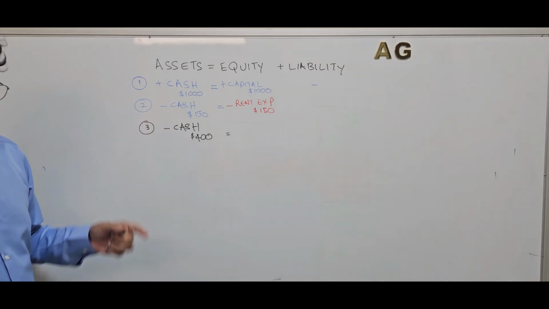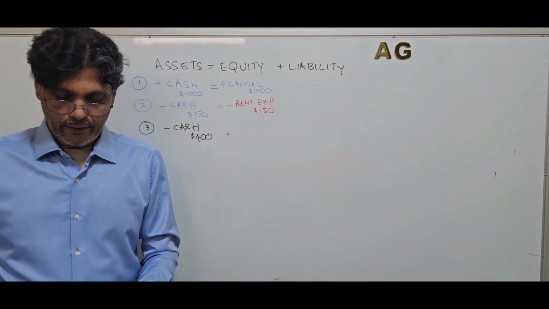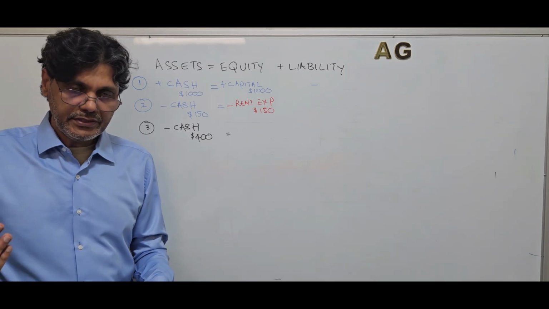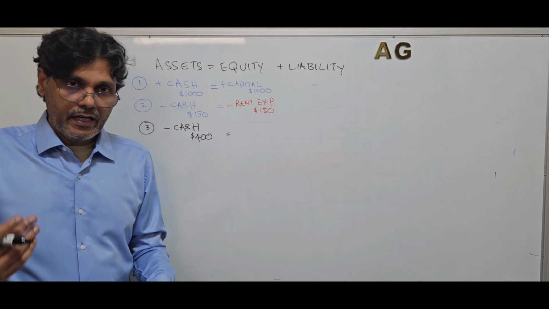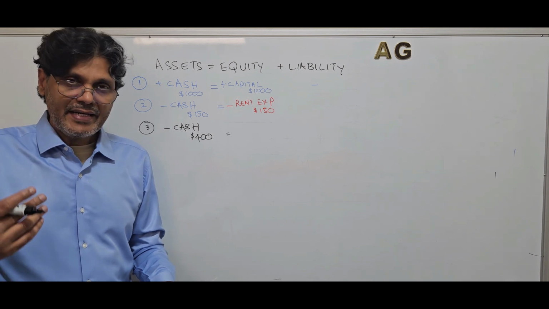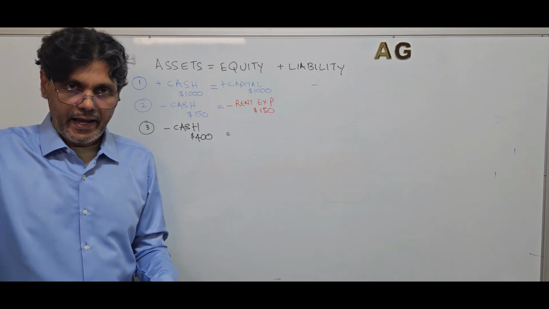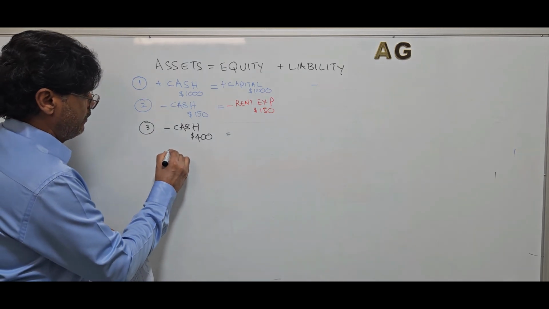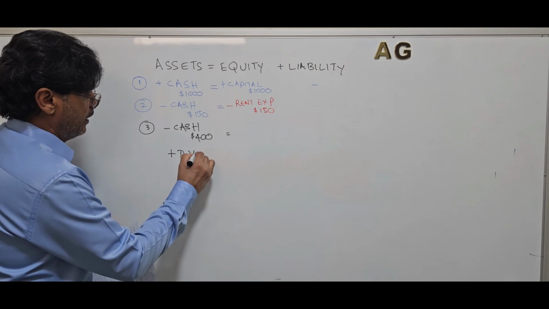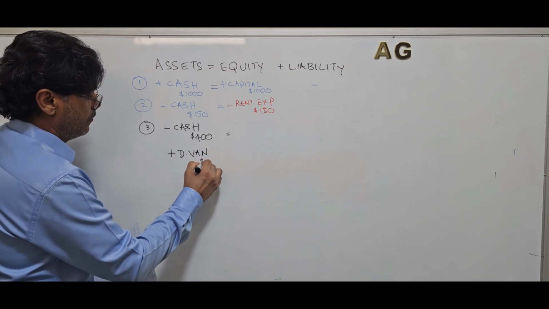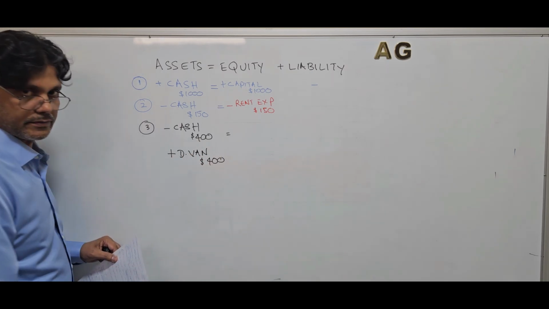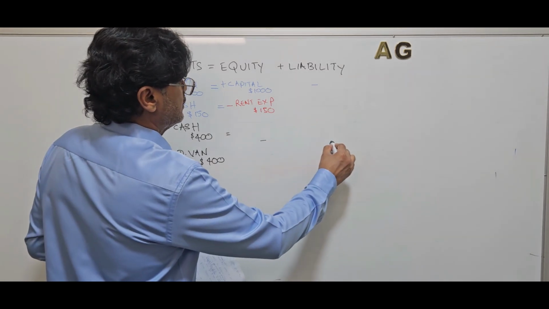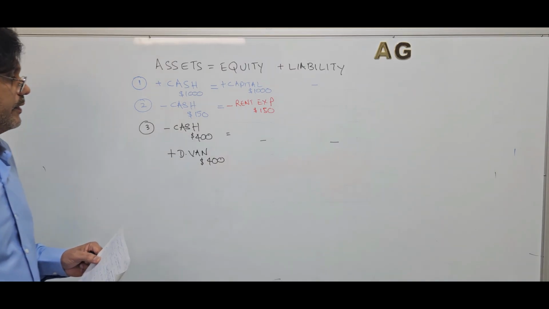Cash asset will reduce by $400. However, the delivery van that the company has purchased is also an asset. It's a long-term asset. So the asset will increase again, delivery van, $400. There is no impact on the equity as well as liability.